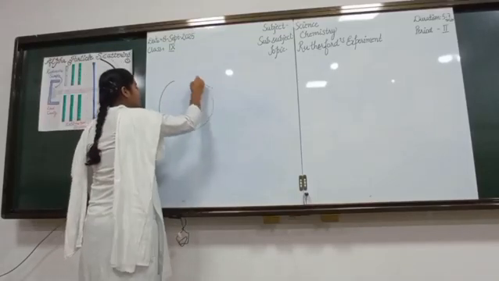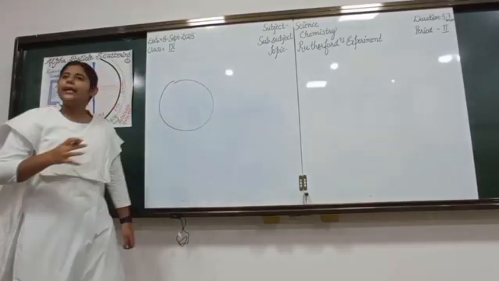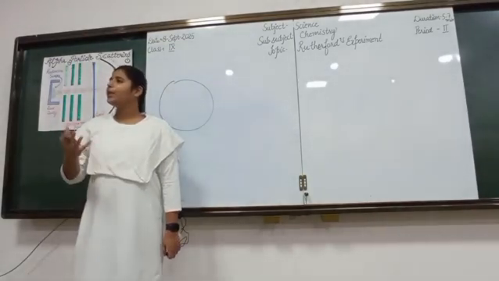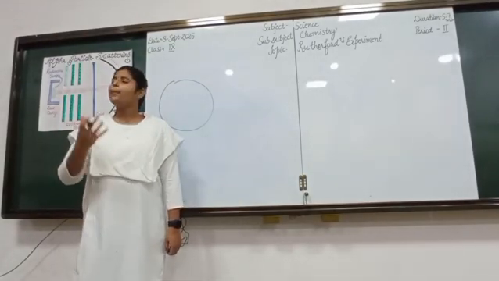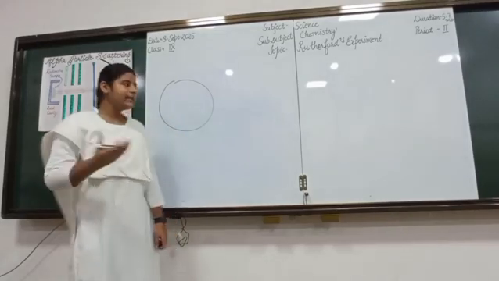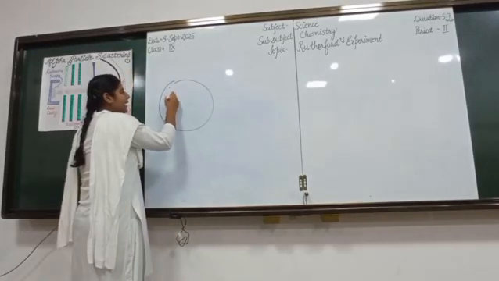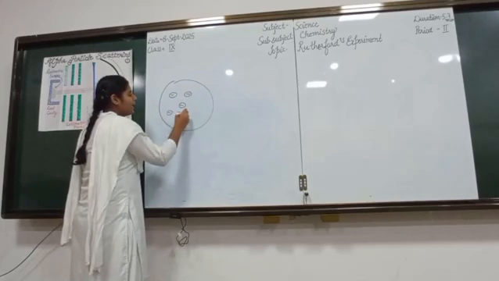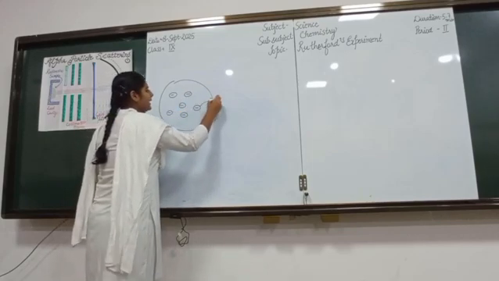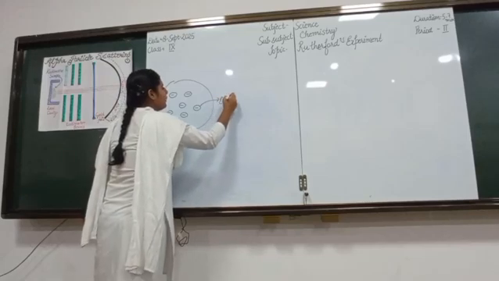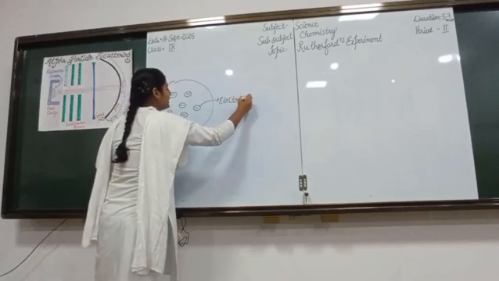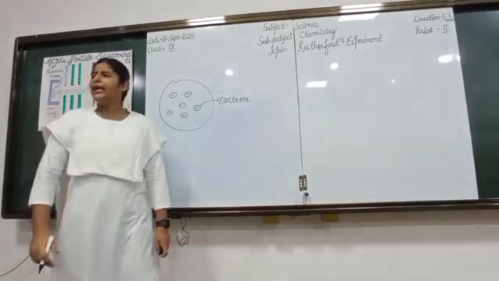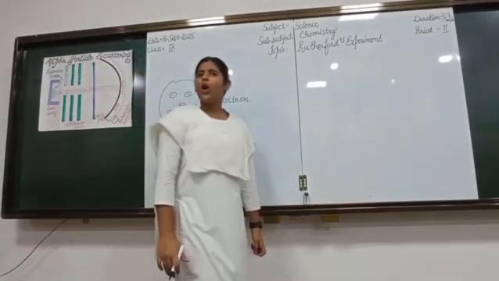According to him, the red part inside the watermelon resembles the positively charged subatomic particles, and the embedded seeds resemble the negatively charged subatomic particles known as electrons. But there were many drawbacks, right?